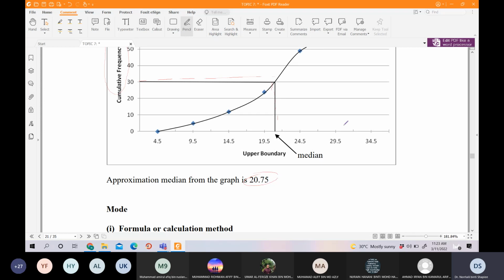Which one is the accurate or the exact value? Which do you think is better, more accurate for finding the median, the graphical method or the calculation method? Amirul Hakim, do you think the calculation method or the graphical method is better?